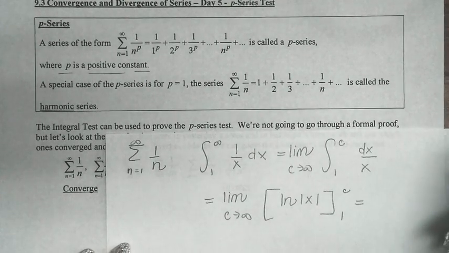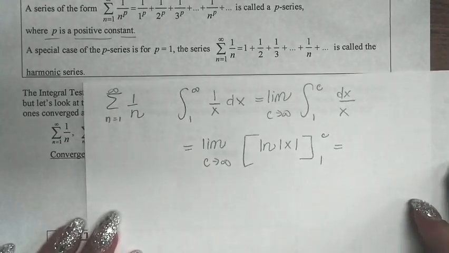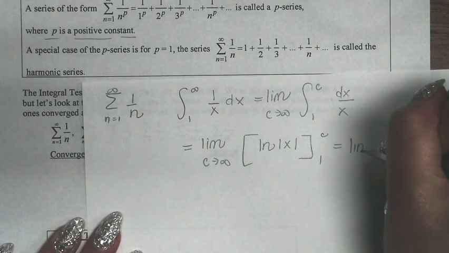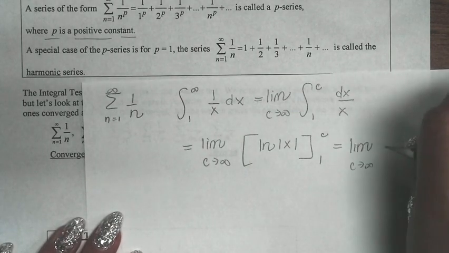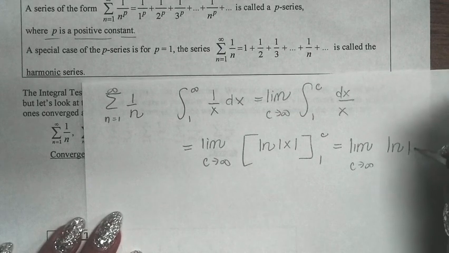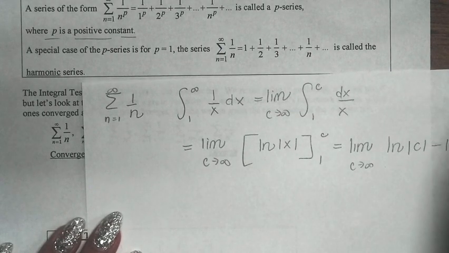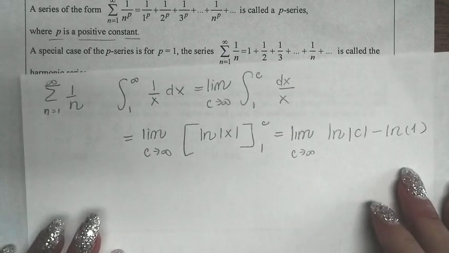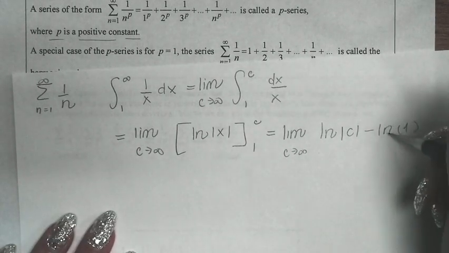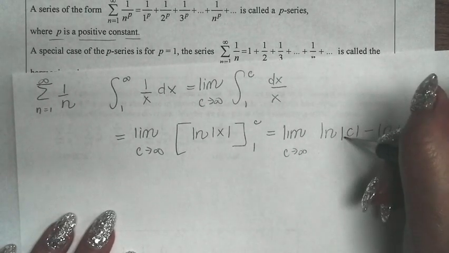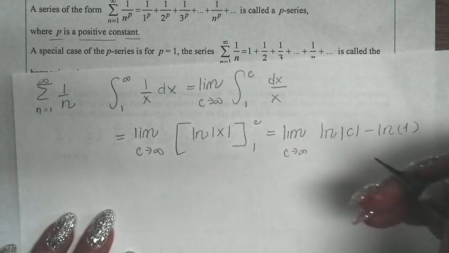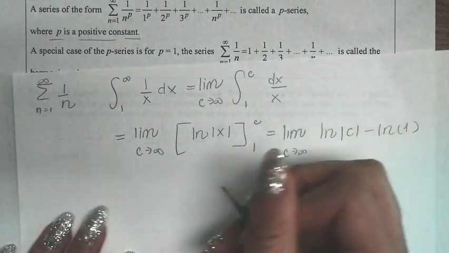That is the limit as c approaches infinity of natural log of absolute value of c minus natural log of 1. The natural log of 1 is obviously 0, but the natural log of c goes to infinity. So you can conclude that this is infinity.